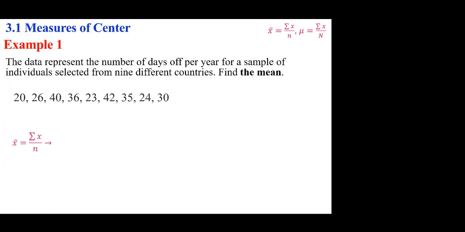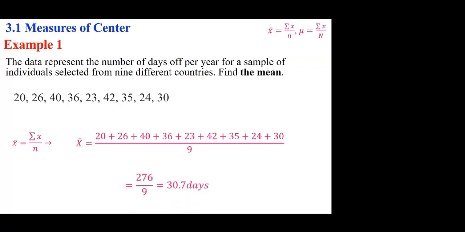This is a very simple calculation. Simply put, add them up and divide by the size, so we divide by 9. You may have 2 days off, 5, 10, 15, or 100 days off, but on the average, we can say we have 30.7 days off.